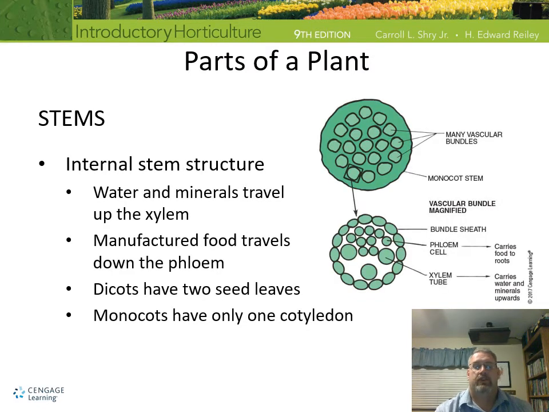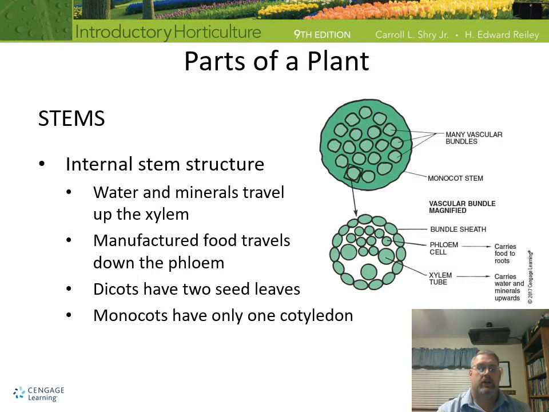So the internal structure, you have two main characteristics. You have xylem and phloem. What you're going to learn about is in a plant, these vascular bundles in a monocot are going to be the way water and minerals travel through the system.